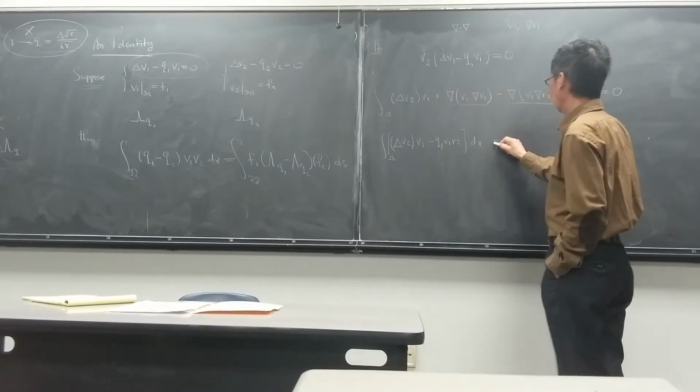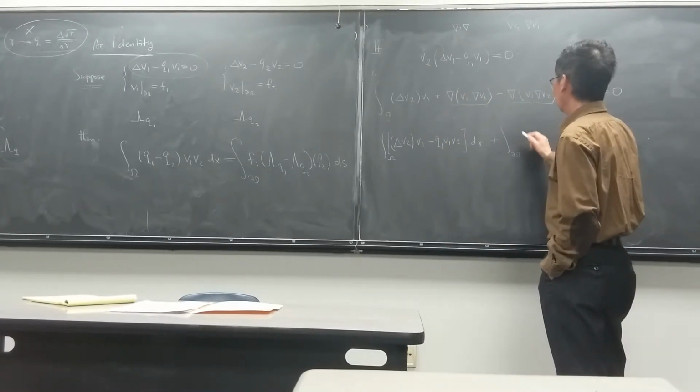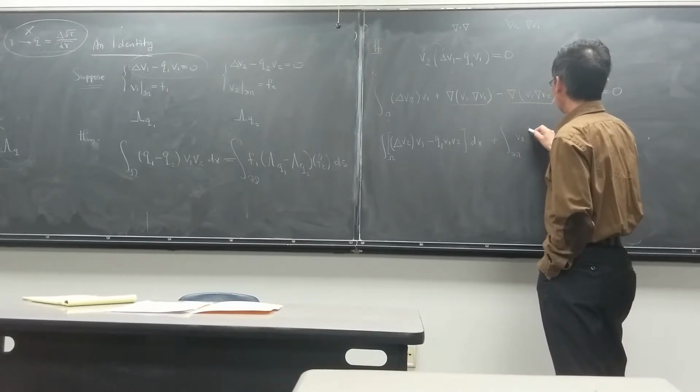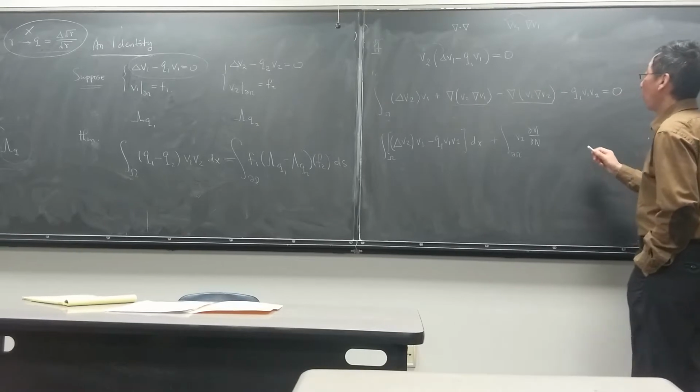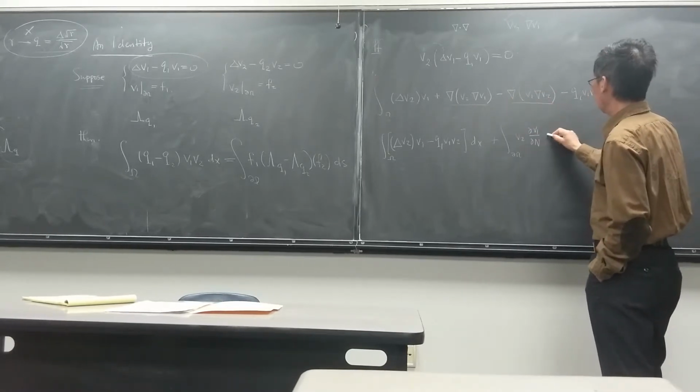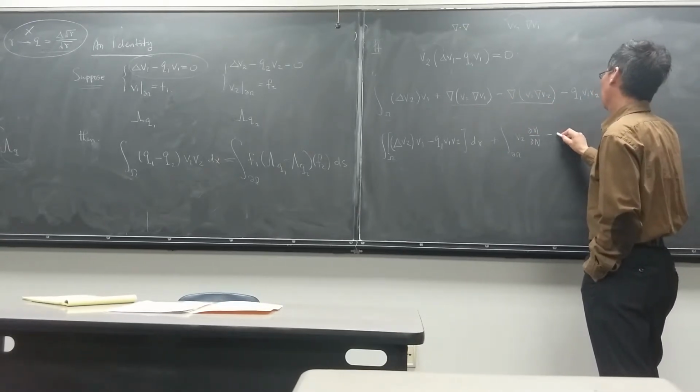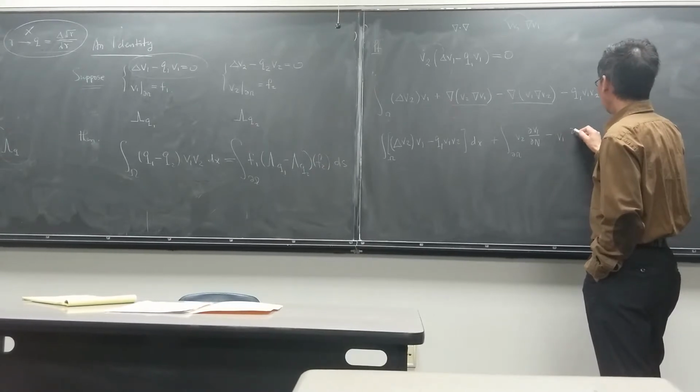Okay, then plus the boundary term d omega, then V2 dV1/dn. Okay? Then also this one, V1 dV2/dn.